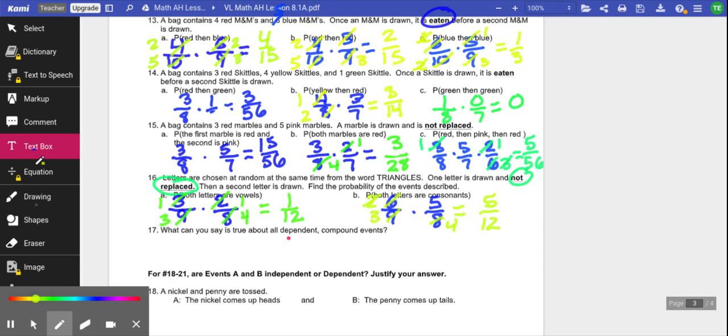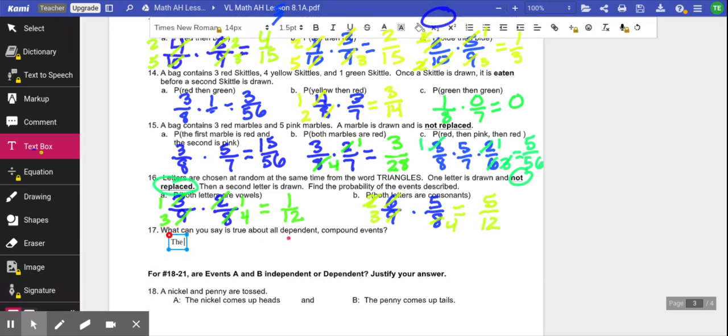So here, the possible outcomes for the second event are changed by the first event. Okay, so we saw the denominator decrease.